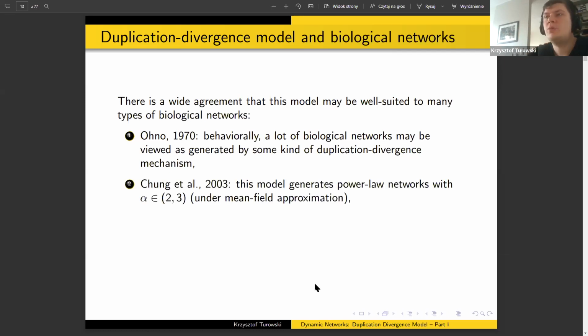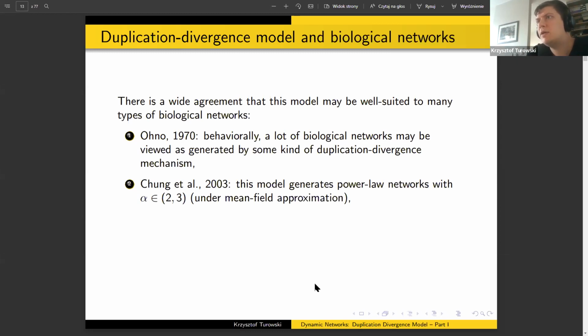Okay, but starting with 2000, when this model came under scrutiny of the graph theoretical community, there was an analysis which was very crude, imperfect.